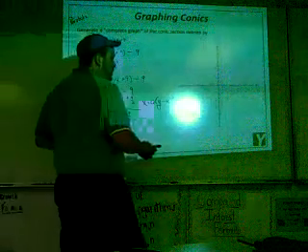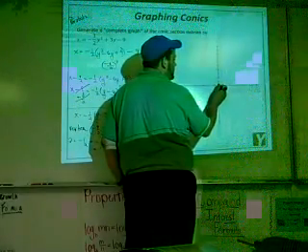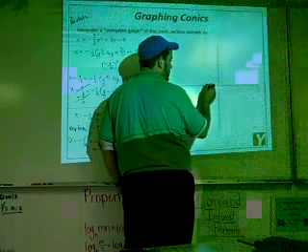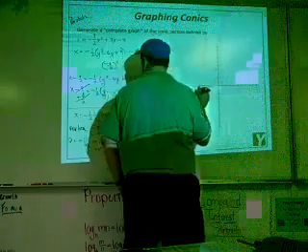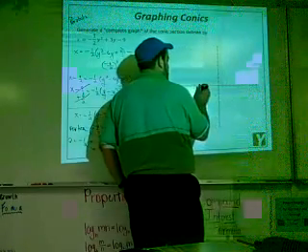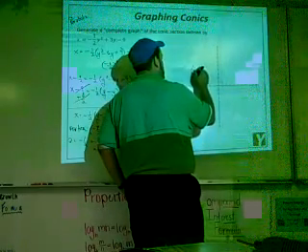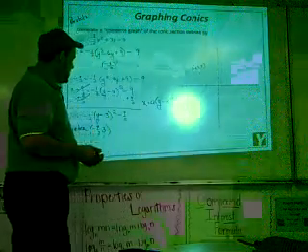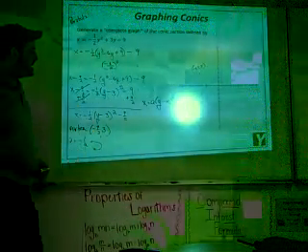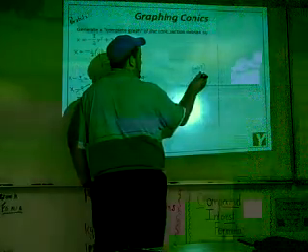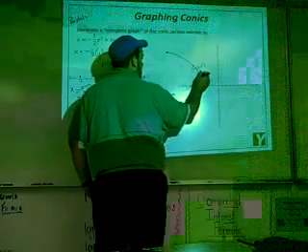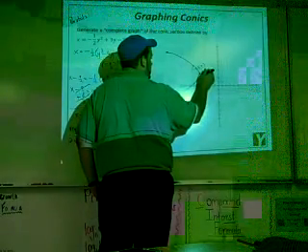When I go to generate the graph, negative 9/2 is the same as negative 4.5. So 1, 2, 3, 4, and a little bit more. And then I'm going to go up 3 spaces, 1, 2, 3. That puts me at negative 4.5, 3 for the location of my vertex. And then I am opening to the left, so my parabola will look like that. There's my vertex.